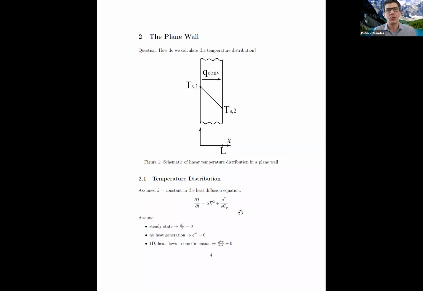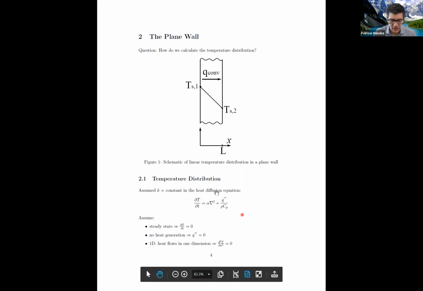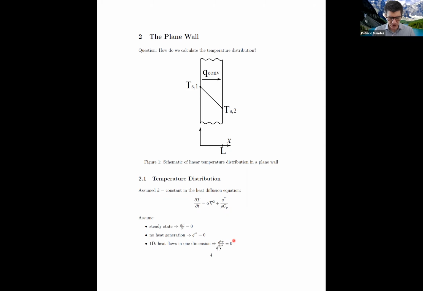So the derivative with Y is 0, and the derivative with Z is 0. From all this equation, what we're left with is this part here. And isn't it beautiful? This is what I like. I got second derivative equals 0. By the way, we saw this exact same equation when we did the first example in the differential control volumes class.